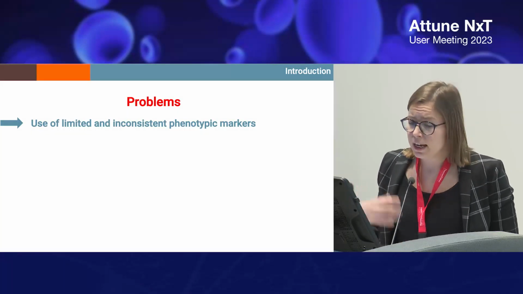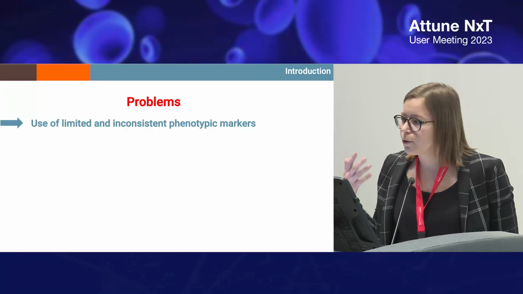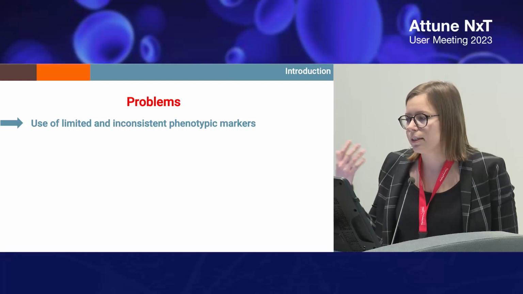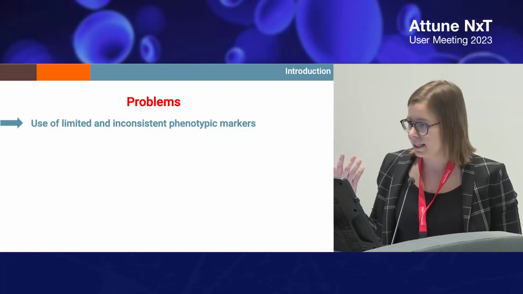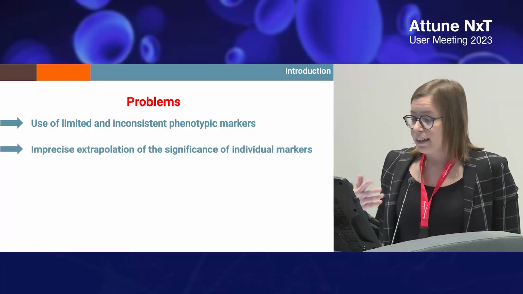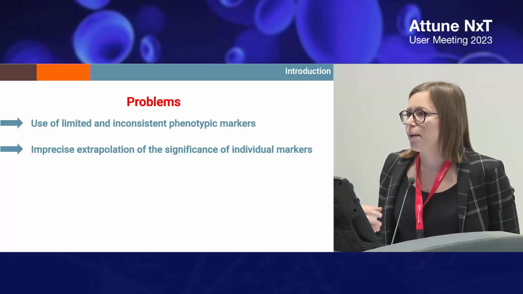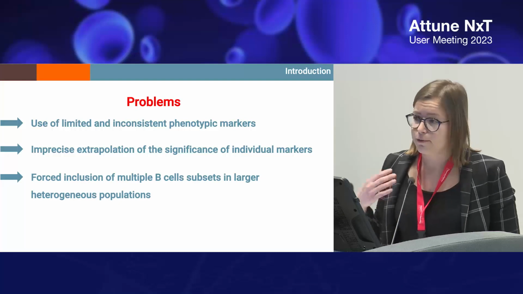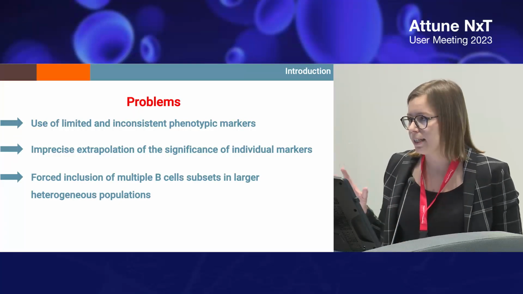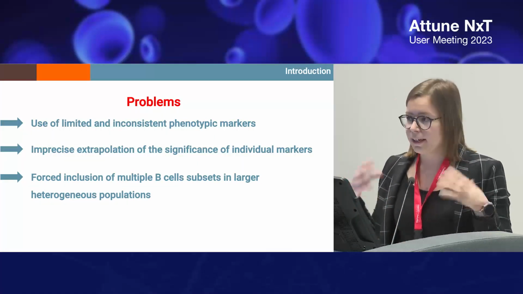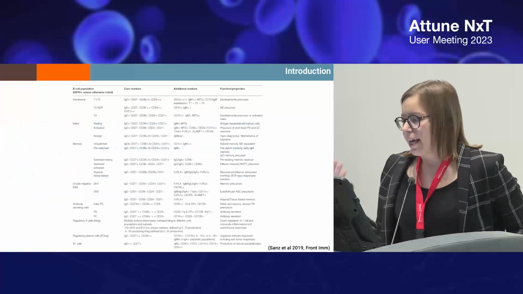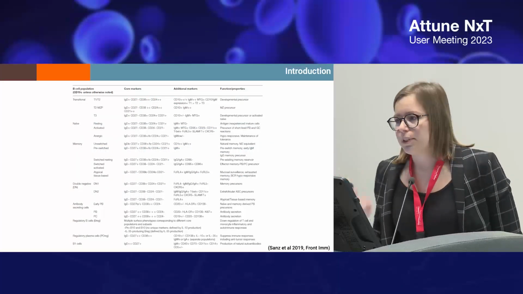For example, many studies claim that there is a prognostic significance for CD20 positive B cells, but CD20 is expressed on many B cell subsets. And there is also an imprecise extrapolation of the significance of some markers, and there is the forced inclusion of multiple B cell subsets in a heterogeneous population. So that is summarized in this simple table.